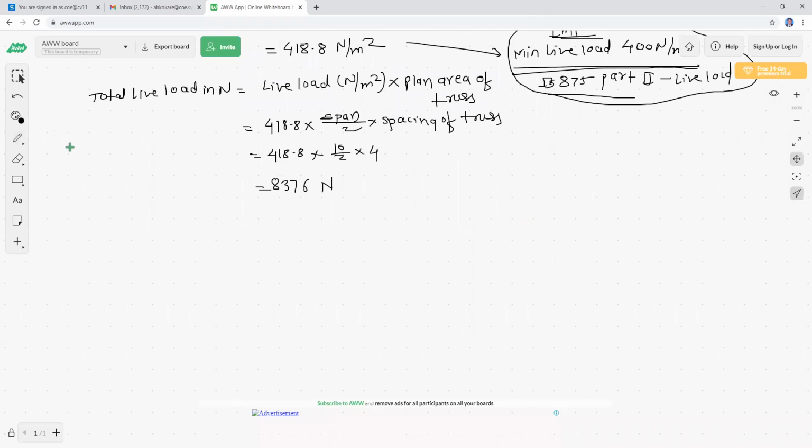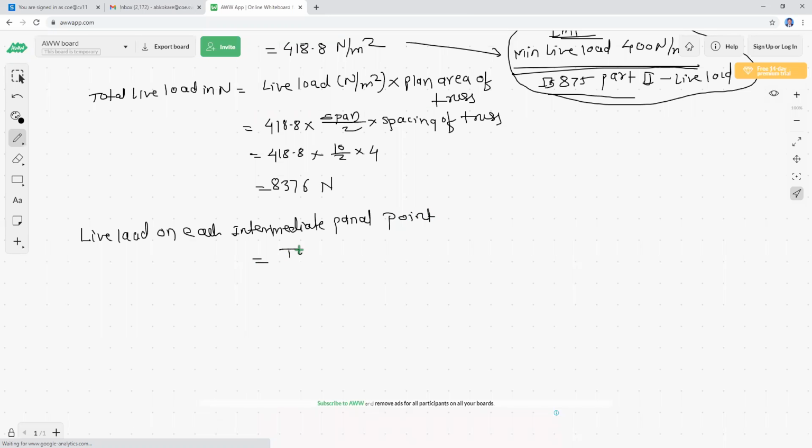Now again, similar to dead load calculation, we have to calculate live load on each intermediate panel point, which is equal to total live load in Newton divided by number of panels.